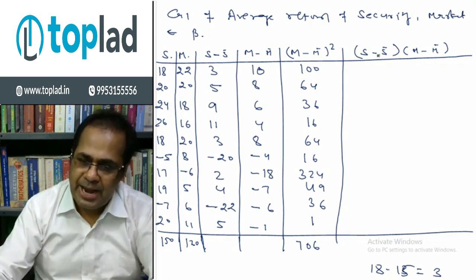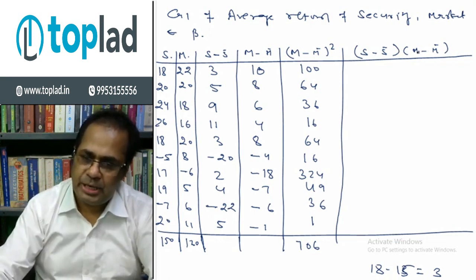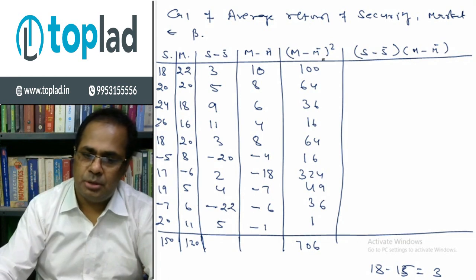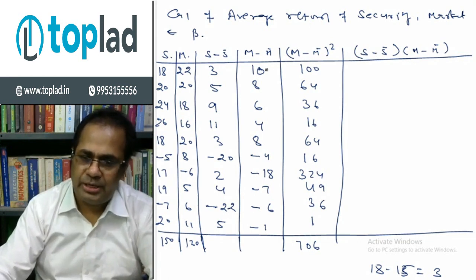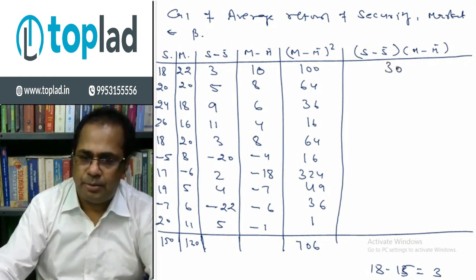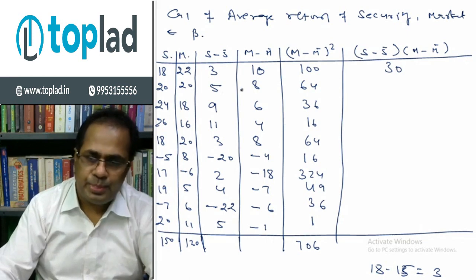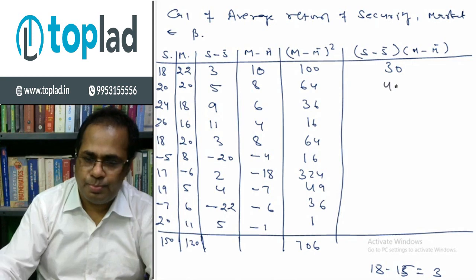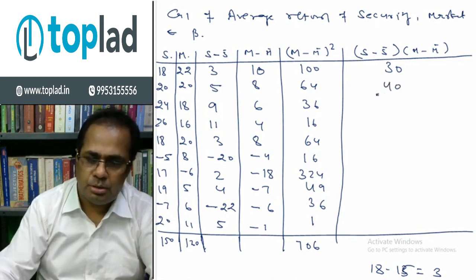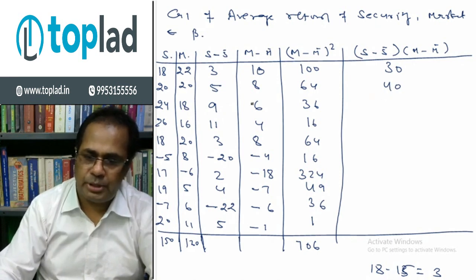Okay, s minus s bar, m minus m bar. 3 into 10, this is 30. 5 into 8, this is 40. 5 into 8, this is 40.